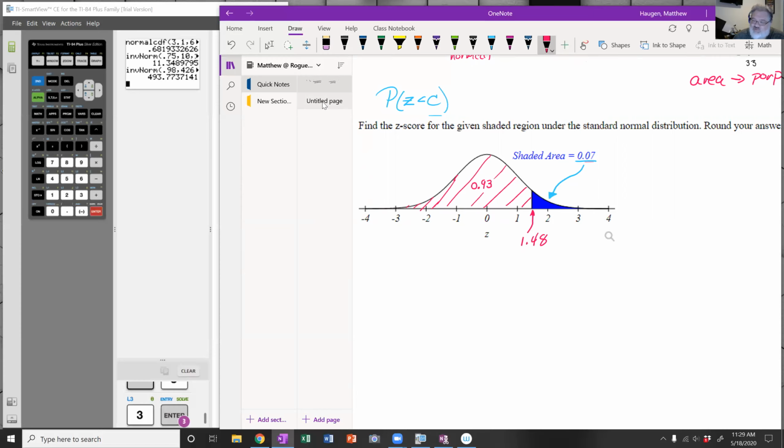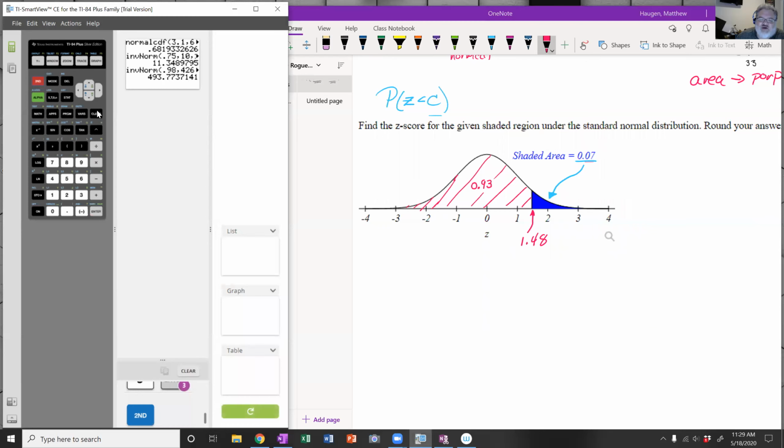And actually, that's all it wanted, the z-score associated with that area. So technically, that's done. If it wanted the value, then we'd have to know what the mean and standard deviation were, and we could compute it into a value. But if it just asks for the z-score, that's all we can tell it.